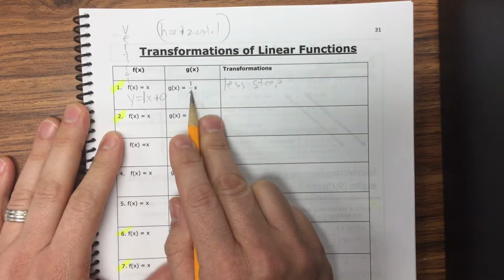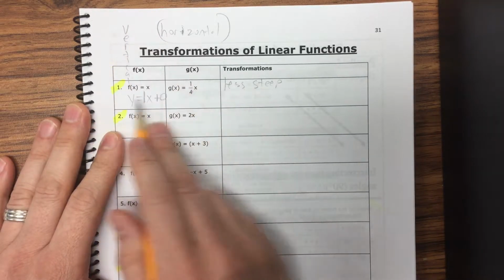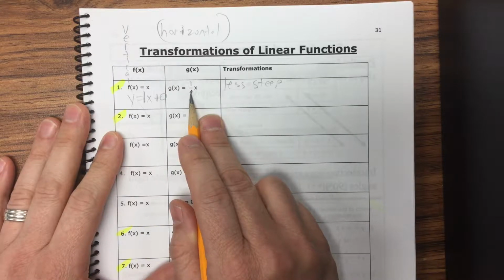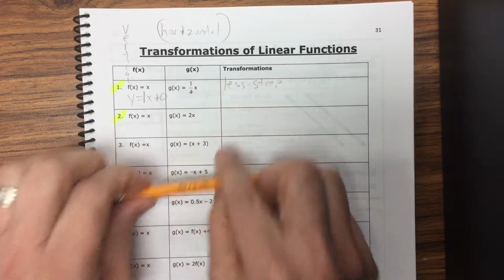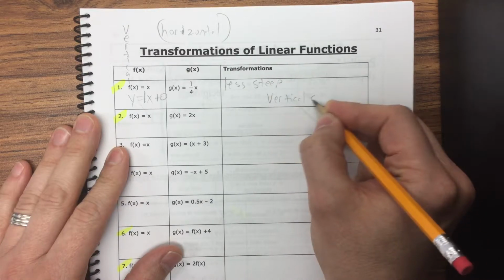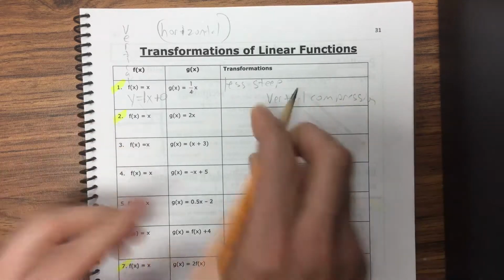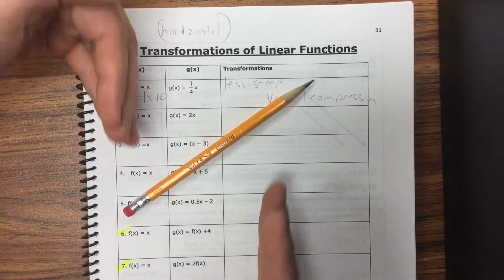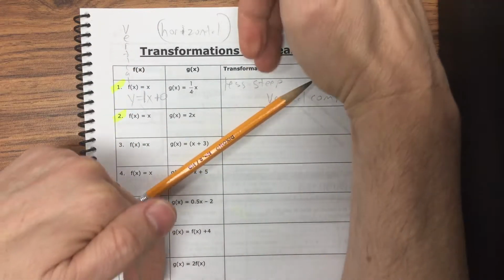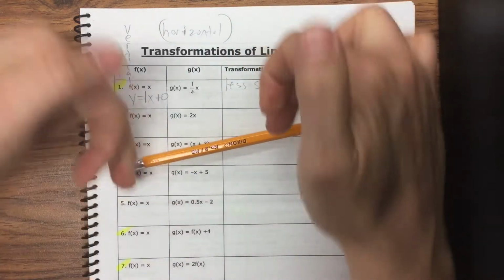This 1/4 is not in parentheses, so we consider that a vertical change. So that 1/4, what's making it less steep? A vertical compression. You could think of it as squeezing it vertically like this to force it to be less steep. Okay, you're squeezing it vertically.